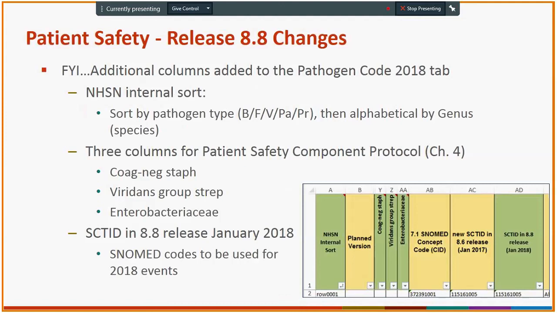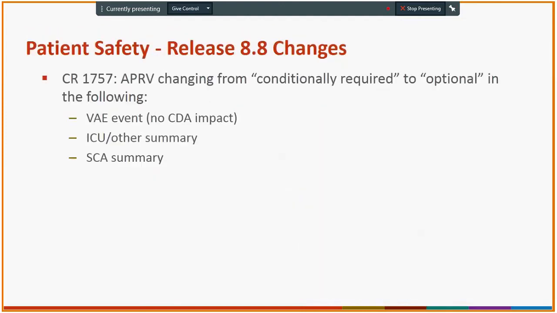The 3 columns were added to provide details pertaining to the patient safety protocol. It includes coag-negative staph, viridans group strep, and Enterobacteriaceae. Column AD is the new SNOMED codes and are to be used for 2018 events. Next slide.